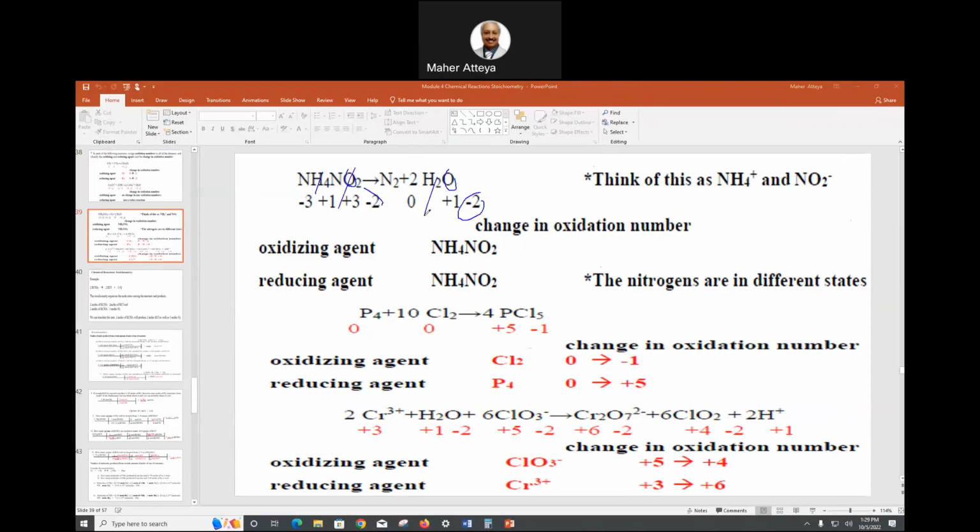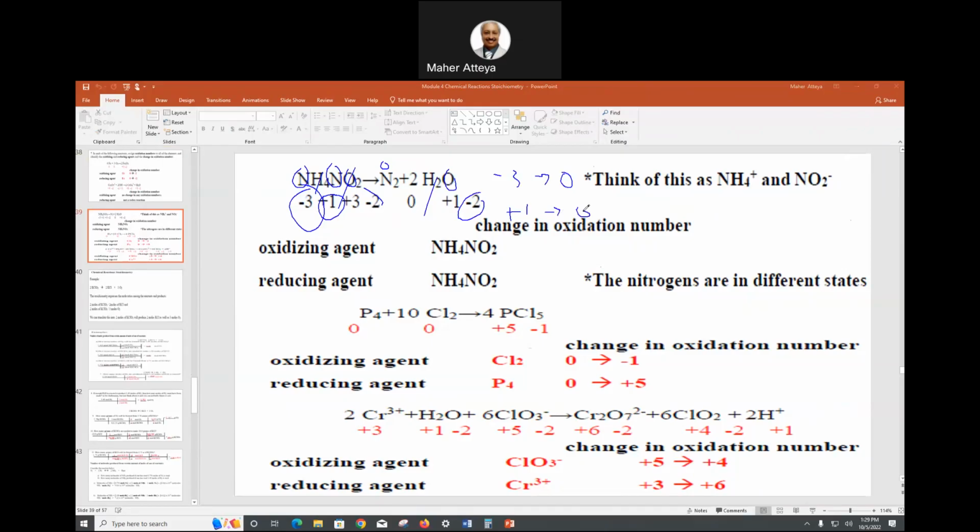One is from -3 to 0, because we have 2 nitrogens here, 1 and 2. The other one goes from +3 to 0. Hydrogen and oxygen are not changing.